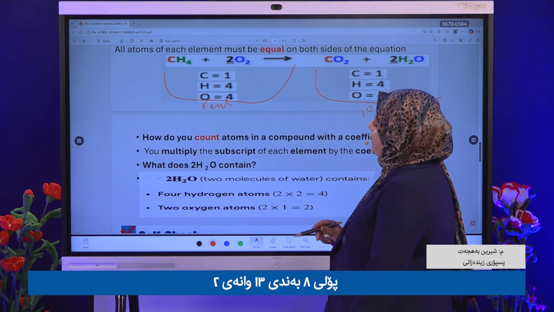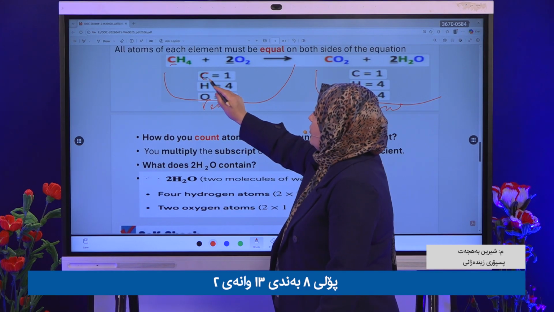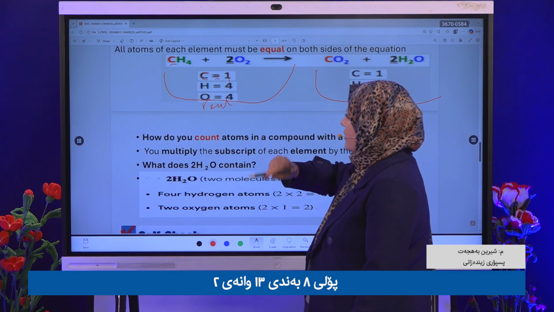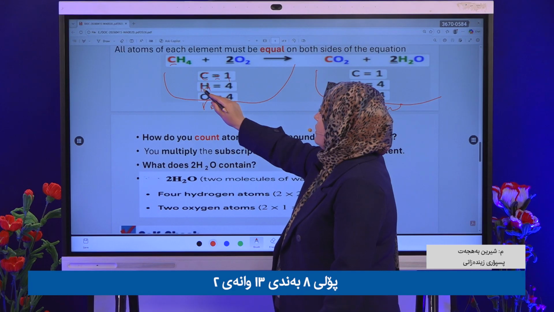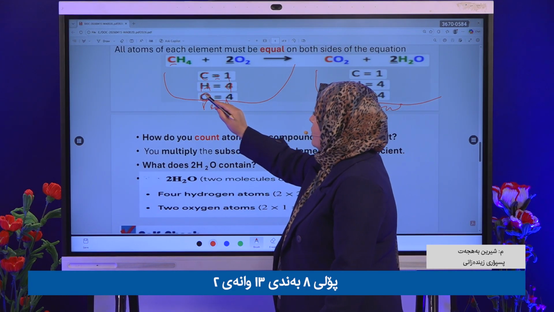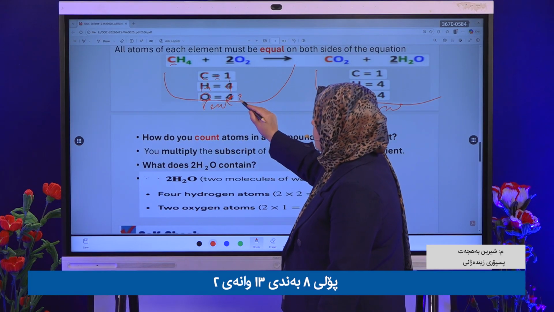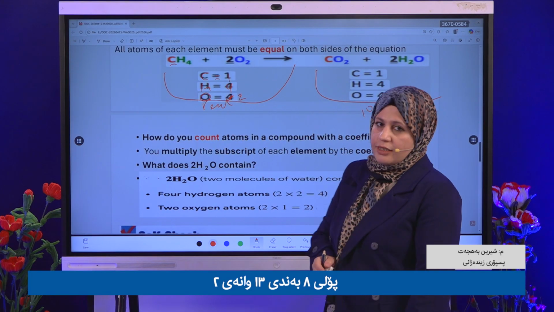Okay, let's count. Carbon is 1 on this side. Hydrogen is 4, right? And oxygen before balancing is 2, right?